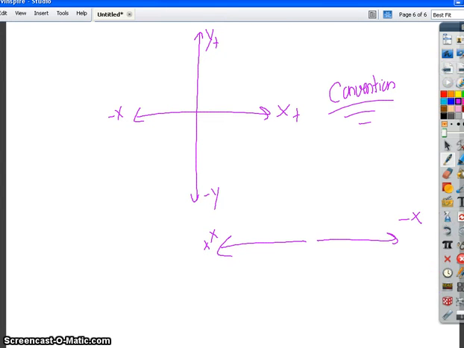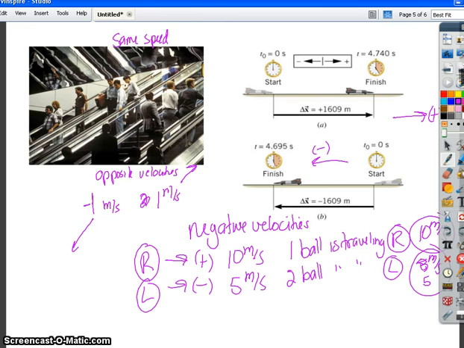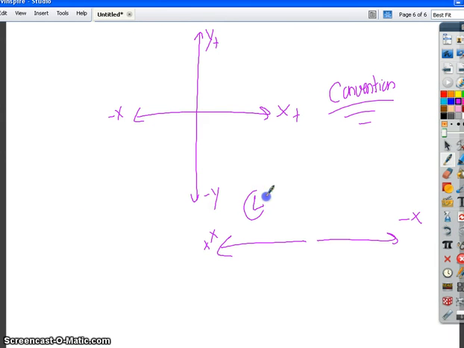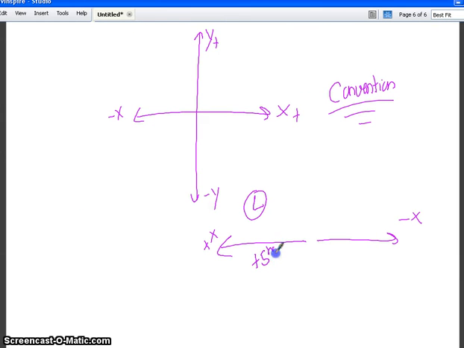If we go back to our original problem, all I have to do when I plug it in is say, if it's going to the left, it has positive 5 meters per second and negative 10 meters per second. So for you as beginning students, this is your first introduction to realizing it doesn't matter what you call positive and what you call negative, as long as you're consistent.